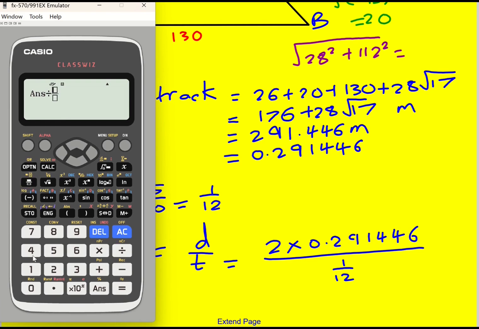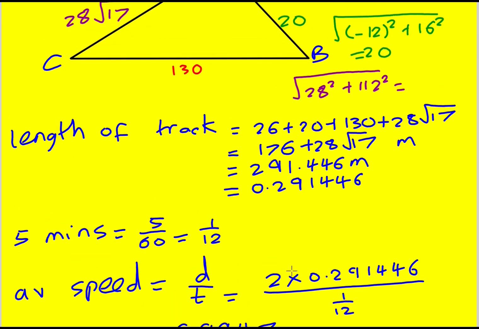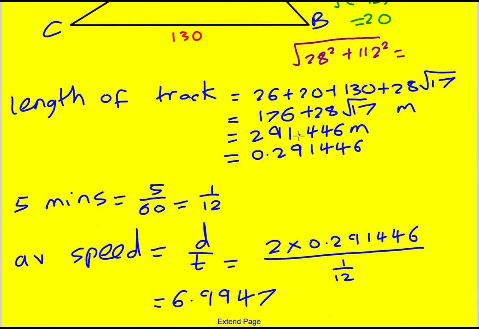And we get 6.9947. That is the speed in kilometers per hour. It doesn't say what accuracy to give it, so I'll write it to 3 significant figures, 6.99 kilometers per hour.